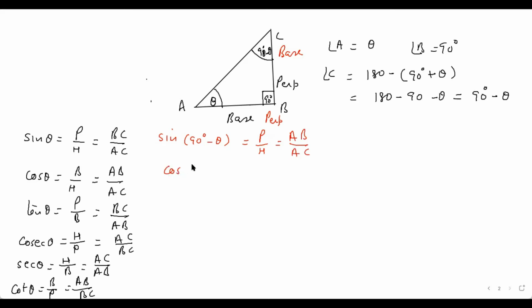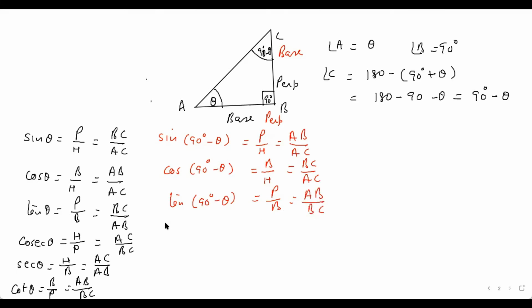Then cos (90 degrees minus theta), that is base by hypotenuse. Now what is base? BC by AC. Then tan (90 degrees minus theta), that is perpendicular by base. Now what is perpendicular? That is AB by BC.